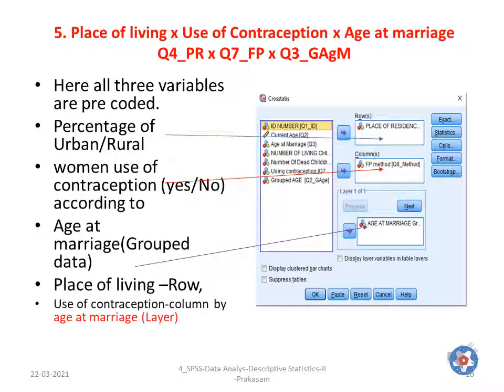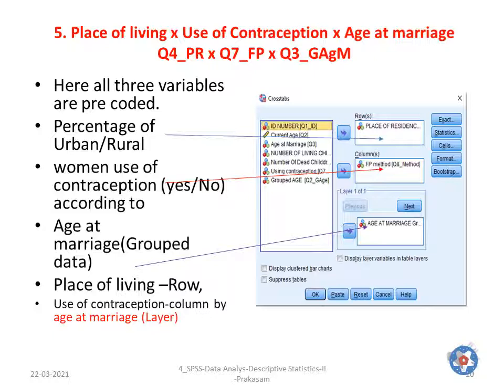The fifth question: the researcher is interested in finding out place of living versus use of contraception versus age at marriage. Here, when you look at these three variables, all three are pre-coded, which is most important.